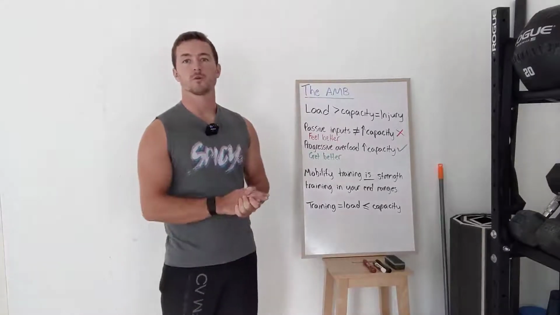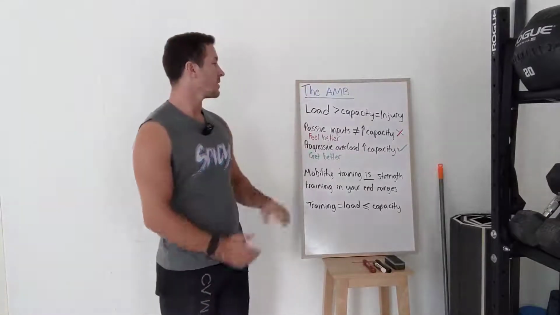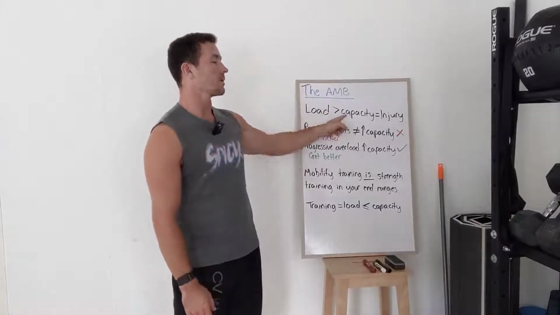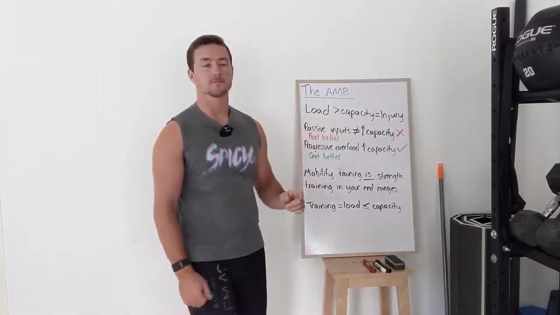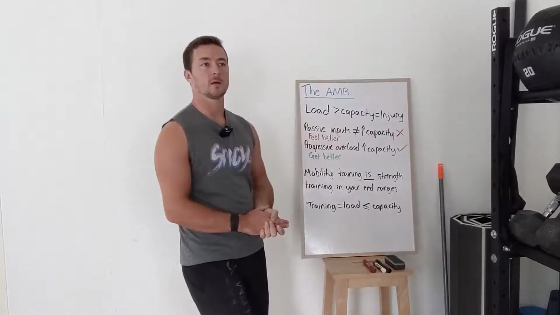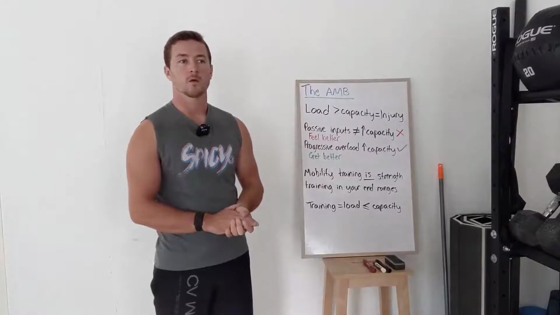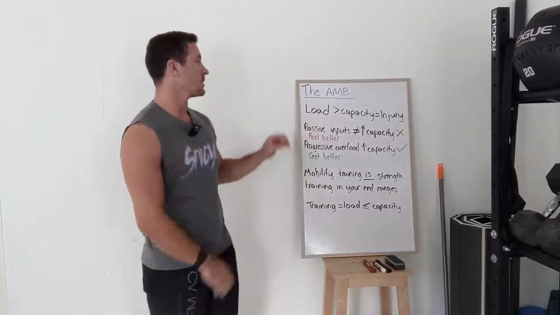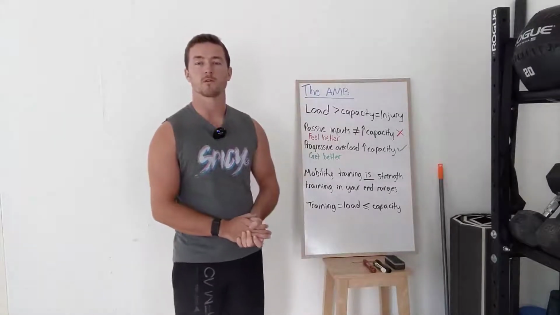So to avoid injury, we've got two options. We can either decrease the load, or we can increase our capacity. The decreasing the load option would be something like you're getting pain when you're running and jumping, so you just never run or jump again for the rest of your life.